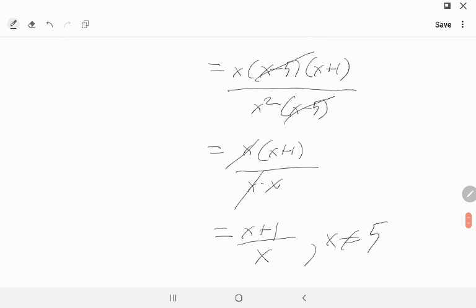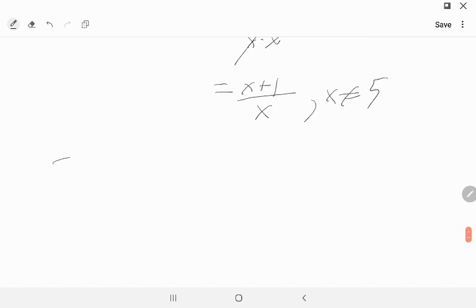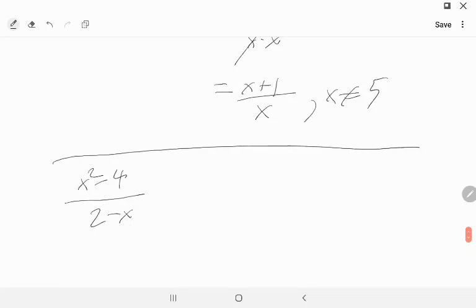We also need to be careful about factoring out negative 1s. We notice that if we saw something like x squared minus 4 divided by 2 minus x, we're going to get x minus 2 times x plus 2, because it's a standard difference of squares, divided by the quantity 2 minus x, and so no common factor.